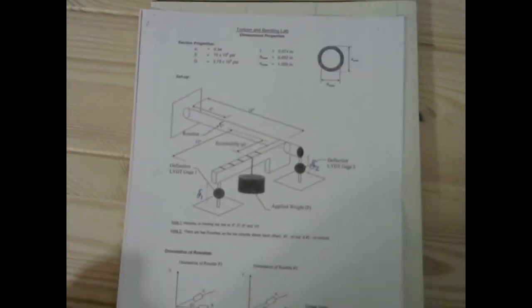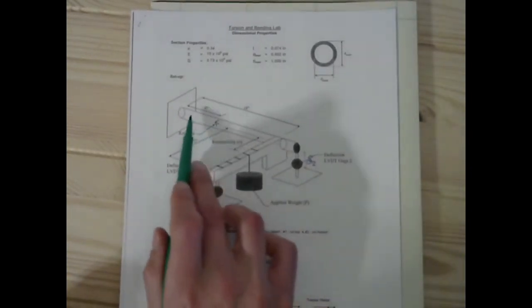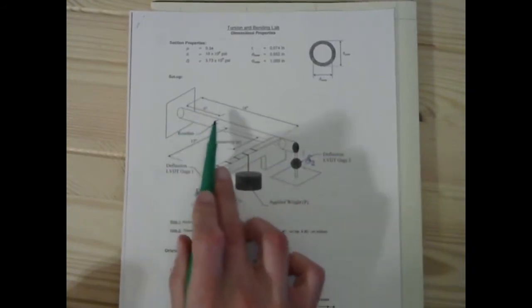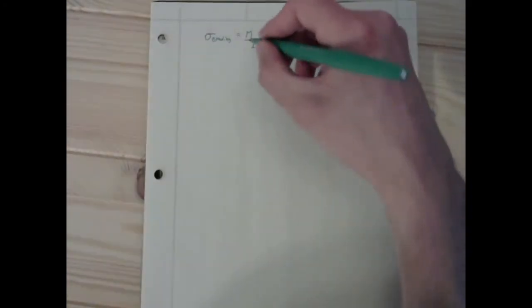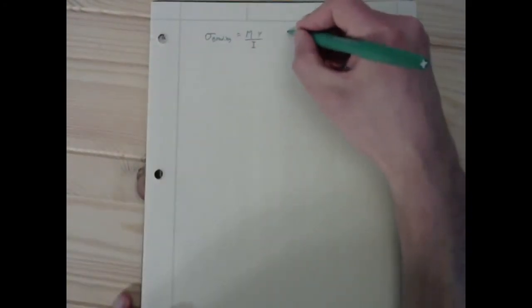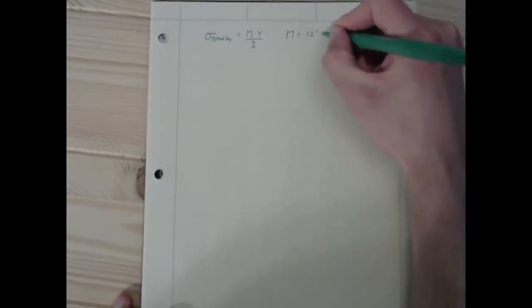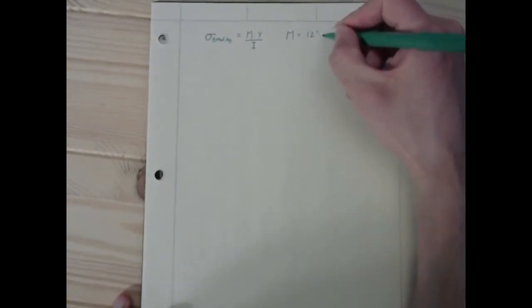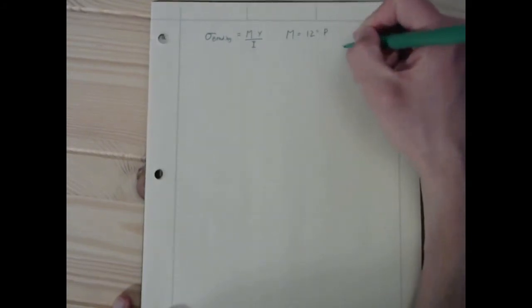So our value for our internal moment is going to be 18 inches minus 6 inches, which is 12 inches, times the load P. So M will be equal to 12 inches times whatever our load P is, not the full 18 inches, because our strain gauge is not at the boundary condition.